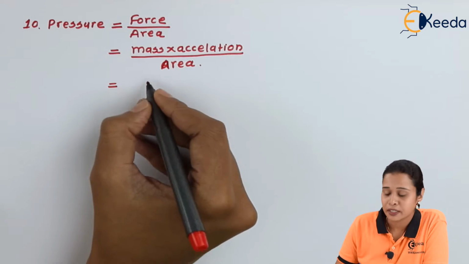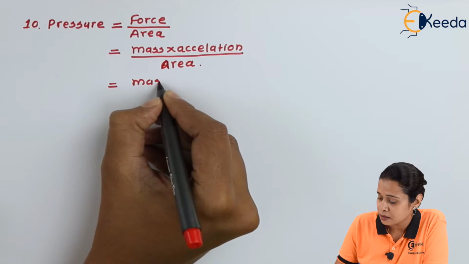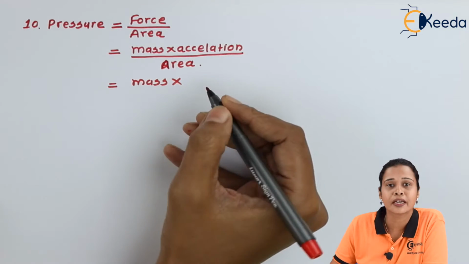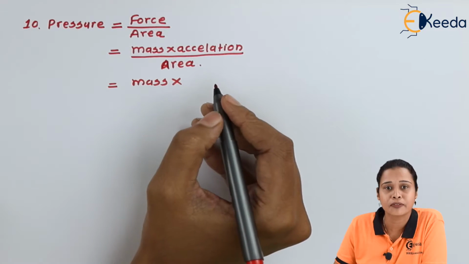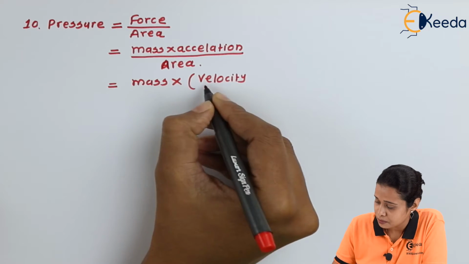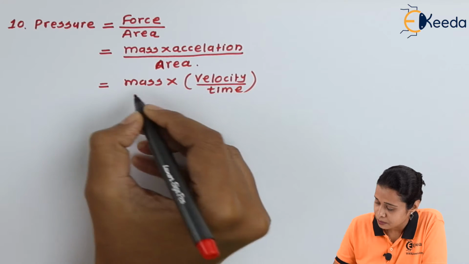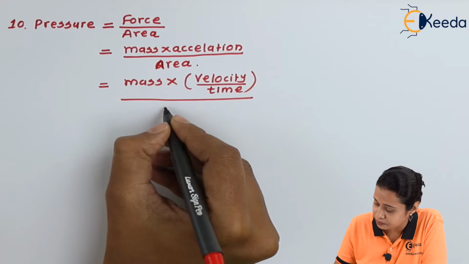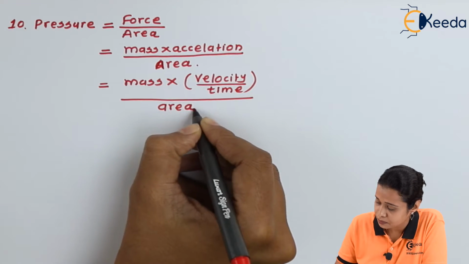So we'll write down here mass, and acceleration again we will express in terms of velocity per unit time, and then we have an area.